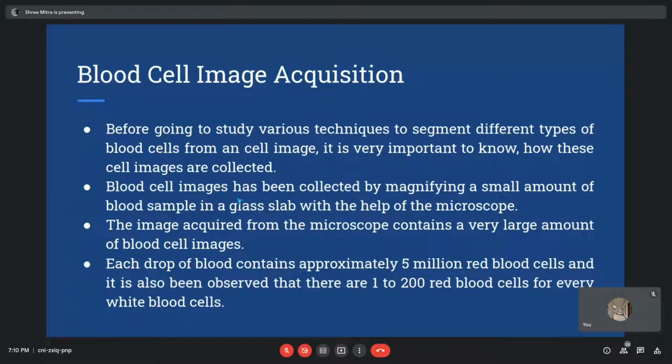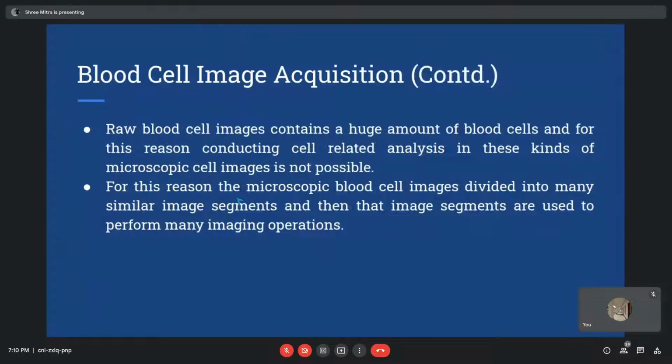Each drop of blood contains approximately 5 million red blood cells, and it has also been observed that there are 1 to 200 red blood cells for one white blood cell. So we can see that there are a lot more red blood cells than white blood cells in a particular microscopic blood cell image.